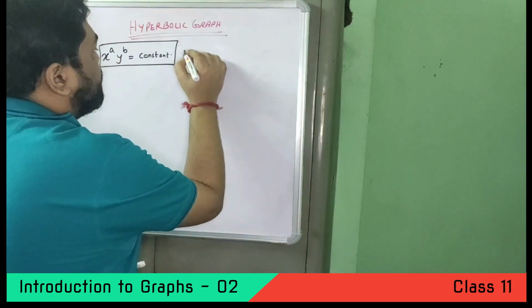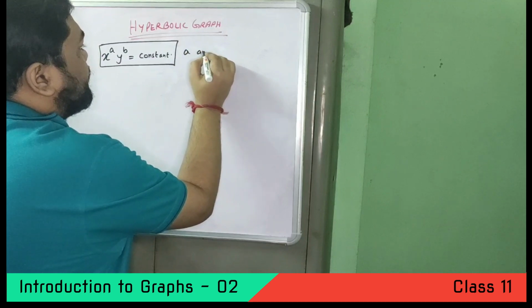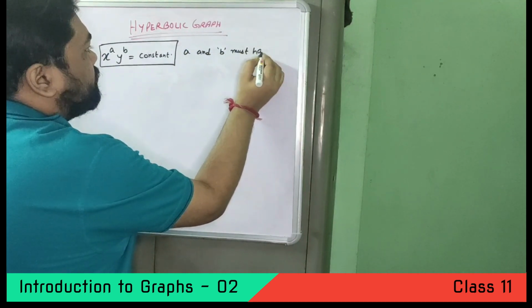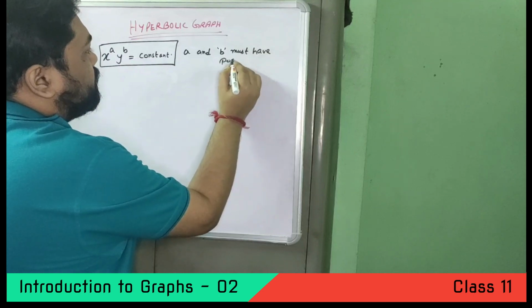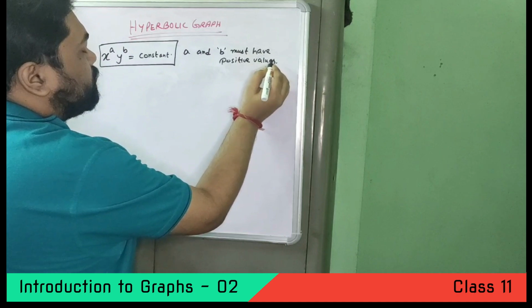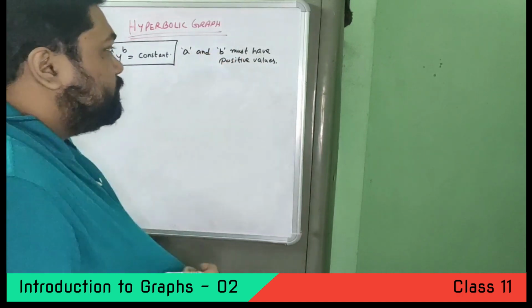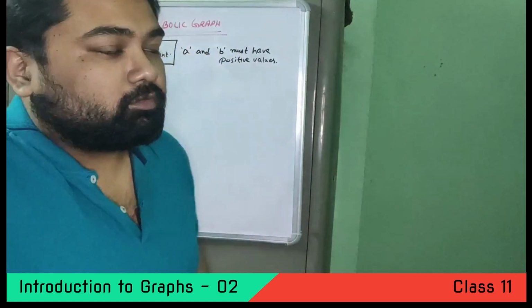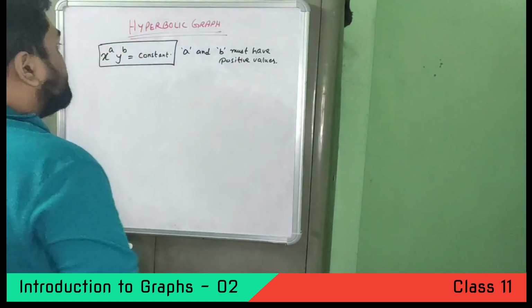Now here you have to remember that a and b must have positive values. That means a and b, the powers of x and y, must be positive. It can't be negative, right?